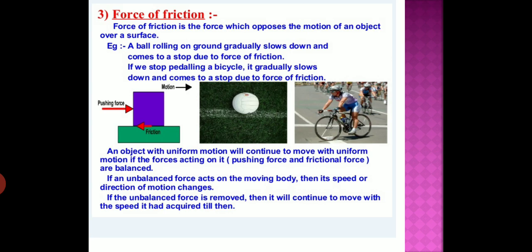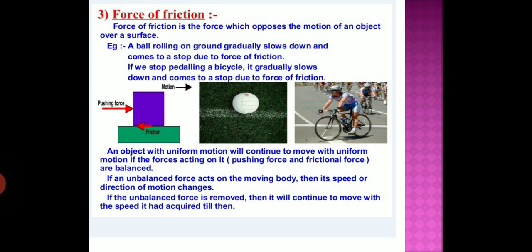So students, in order to keep the bicycle moving, you have to start pedaling again. If you stop pedaling, the bicycle slows down because the frictional force acts opposite to the direction of motion. So it appears that an object maintains its motion under the continuous application of an unbalanced force.